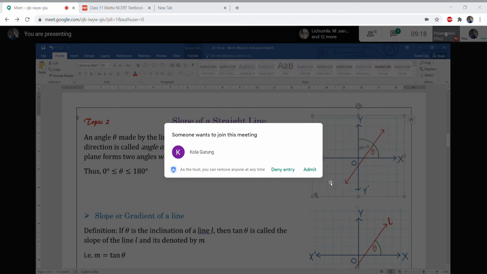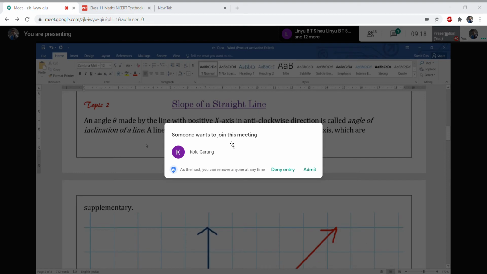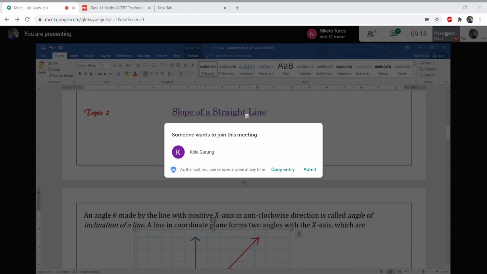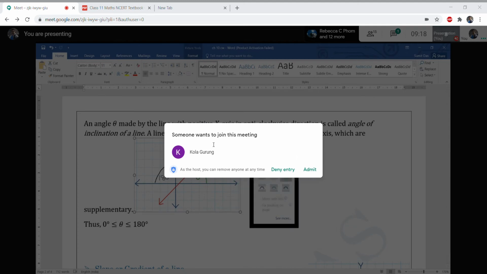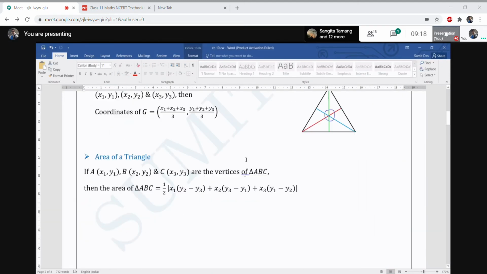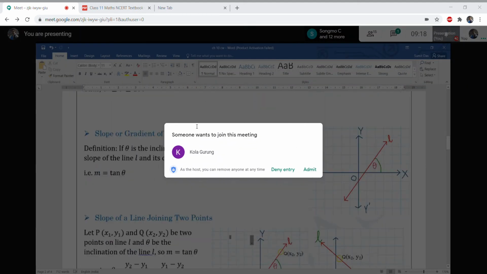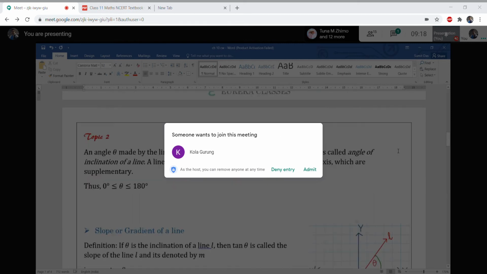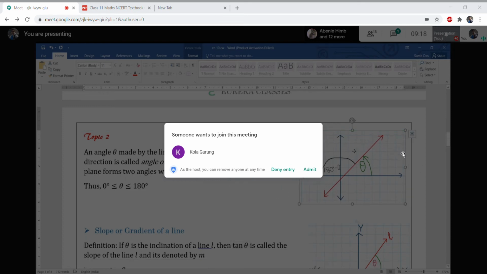Better follow this diagram. There's a little bit of a mistake there.